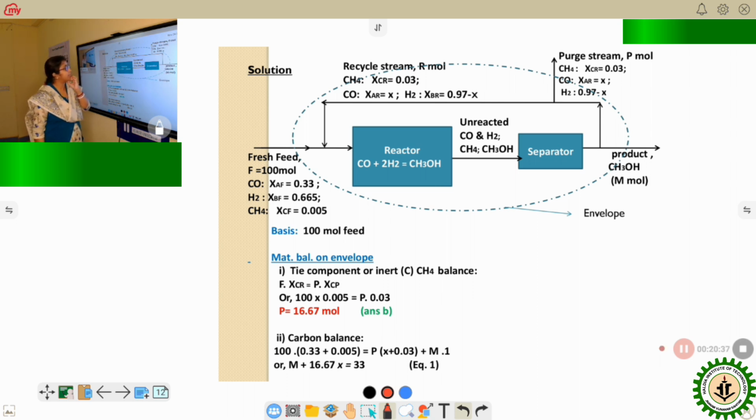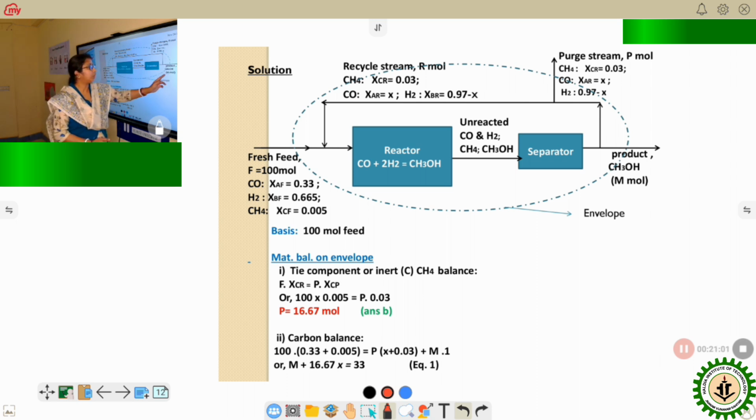The same amount of methane is present here. Now, when this methanol is separated from the unreacted carbon monoxide and hydrogen, and methane, we are getting two types of product. One is the recycled part and another one is the final product, where pure methanol is obtained.